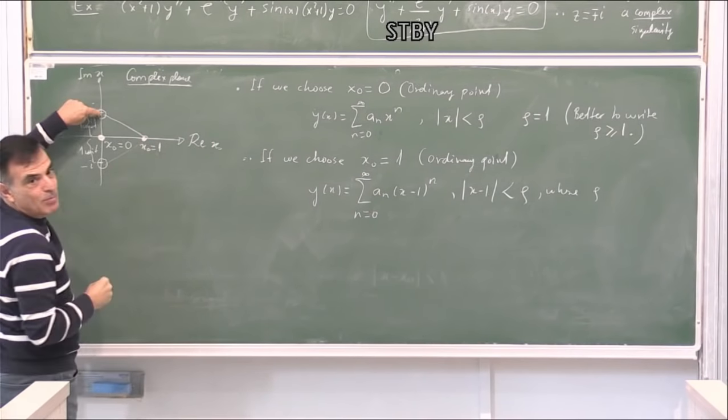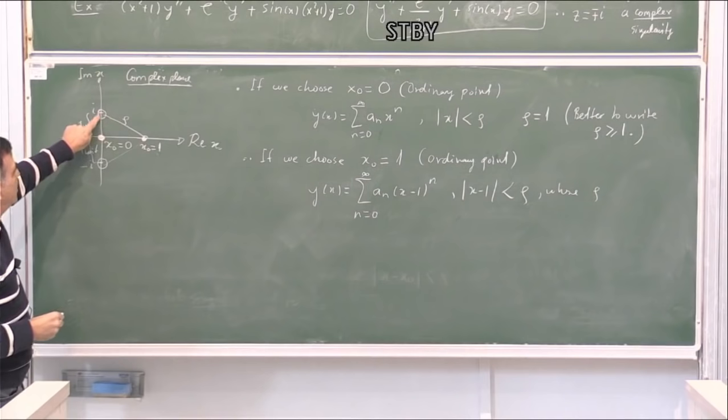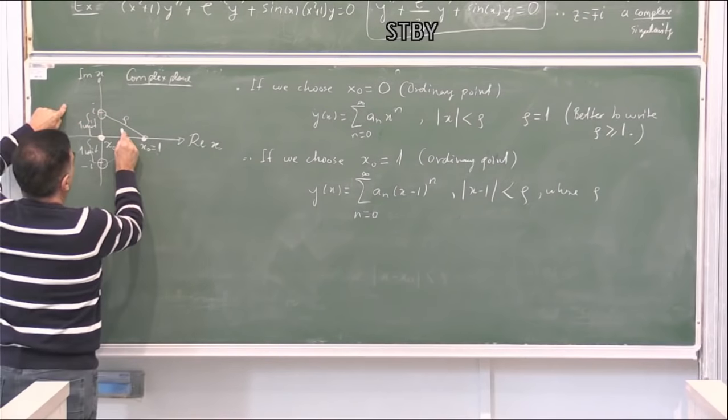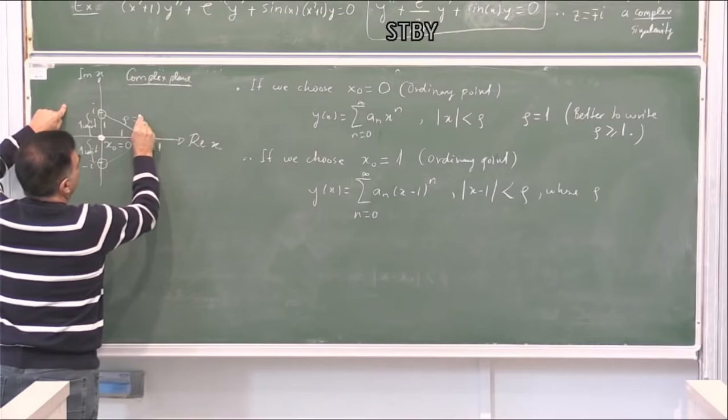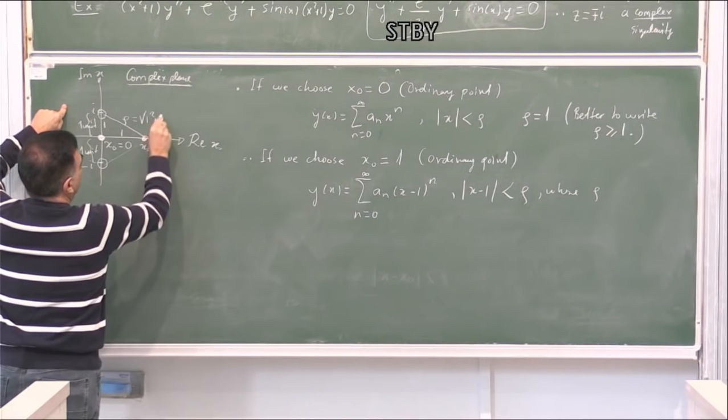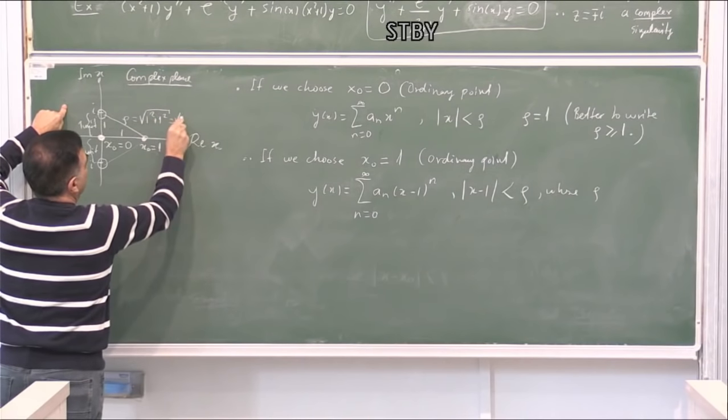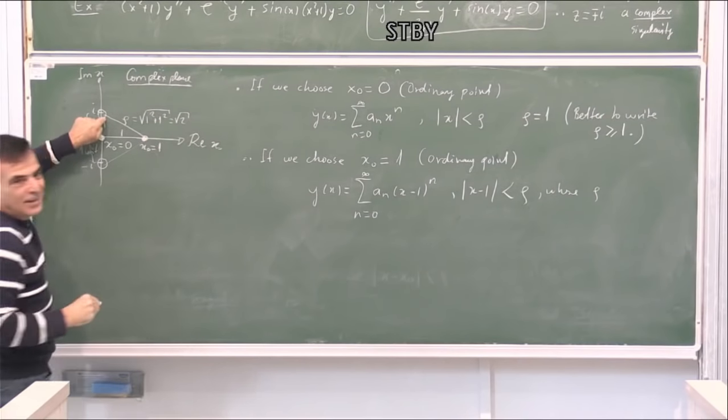Okay? The nearest singular point to 1 is the singular point at I. So this distance, 1 unit. So rho is, 1 squared plus 1 squared, radical 2. Okay?